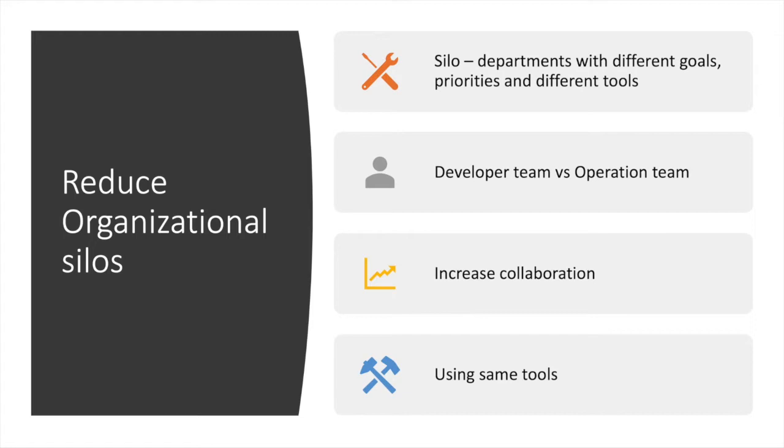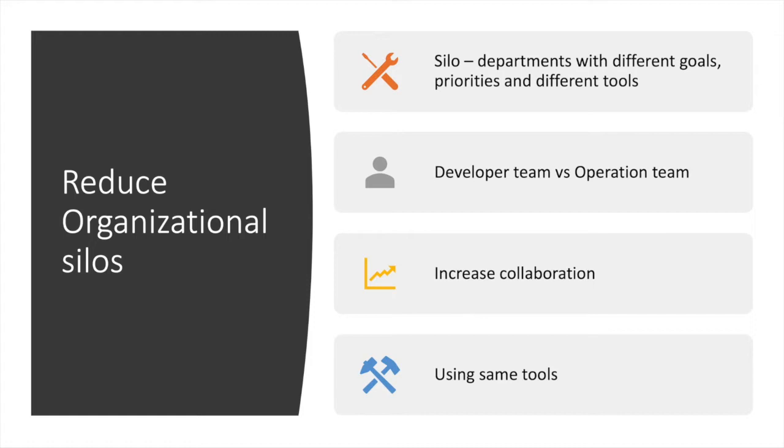What does silos mean here? In the tech industry, it means departments with different goals, priorities, and different tools. If you remember, there were silos initially when we had operators and developers. Both had different goals, different priorities, and both were using different tools. Through DevOps, we try to break these silos.